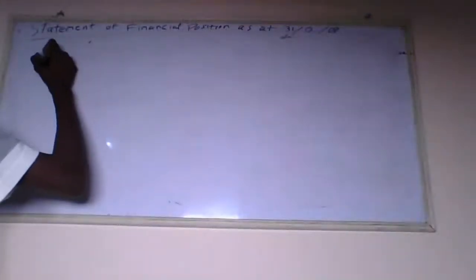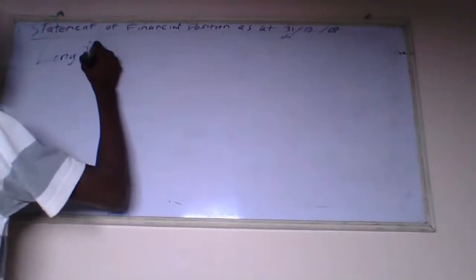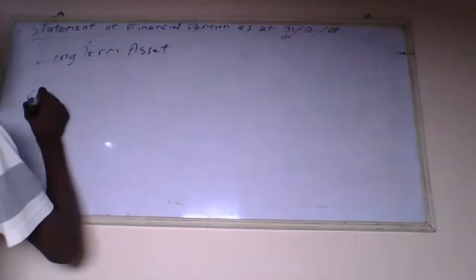Now we're done with the first part of this. Going back to our accounting equation, we have done our long-term assets and our current assets.